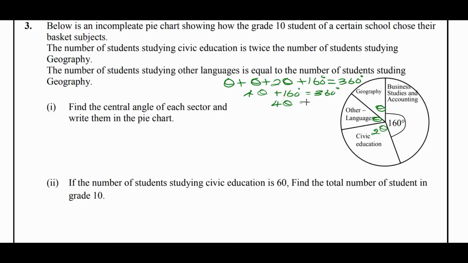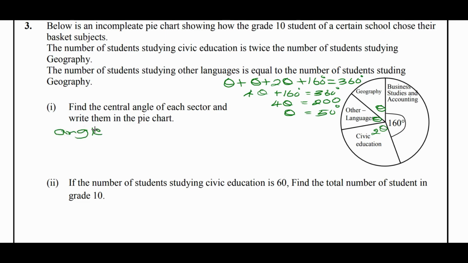Then 4 theta should be equal to 200. Then theta should be equal to 50 degrees. Then we know the angle for geography is 50 and the angle for other languages is 50 degrees too, and civic education is 2 into 50, that means 100 degrees. Then we will write down the answer.